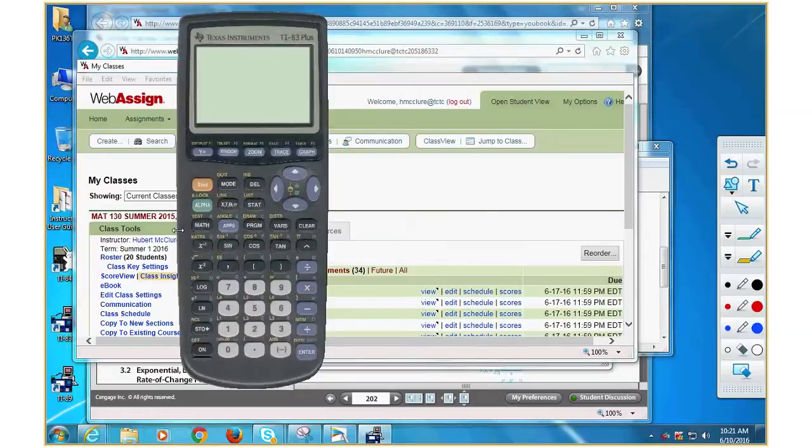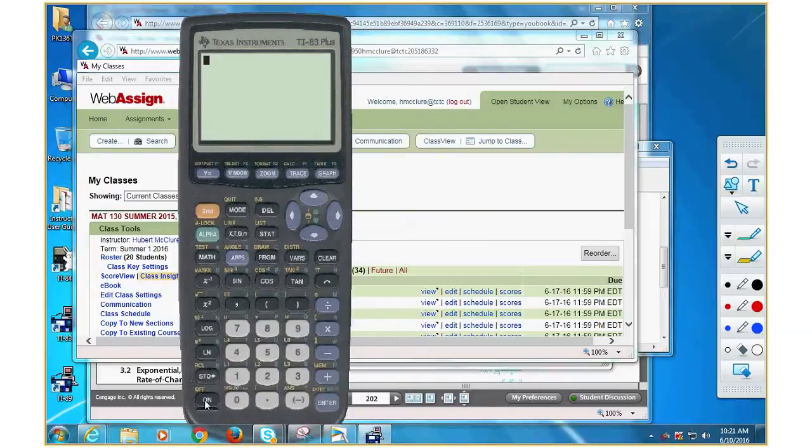I call it quantity. And e, second function, where is e? It's down here somewhere. To the 0.06, close, enter, 1.06.